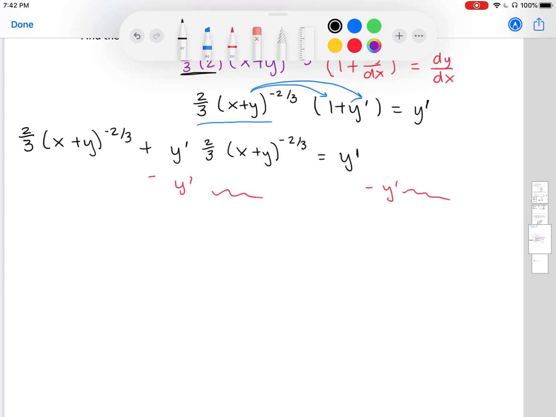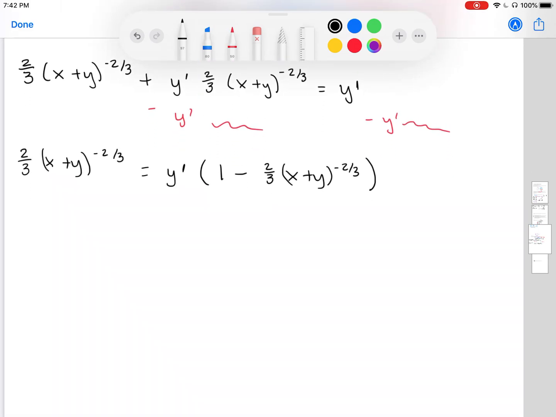Now, I just wrote a squiggle to show the rest of the equation. So that we have 1/3 (x plus y) to the negative 2/3 power equals, let's factor out that y prime, so that we're left with 1 minus 1/3 (x plus y) raised to the negative 2/3 power.